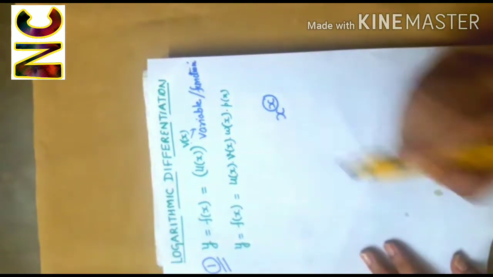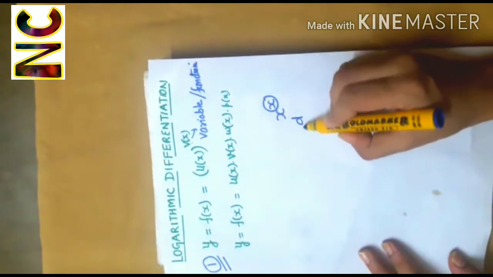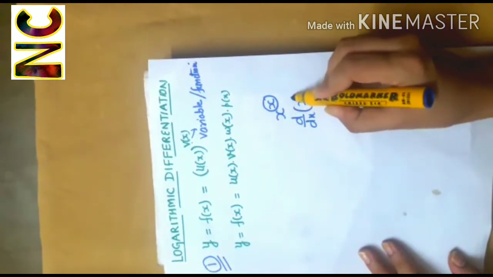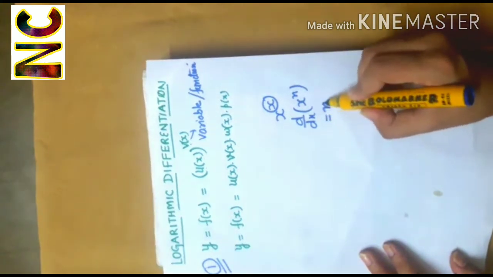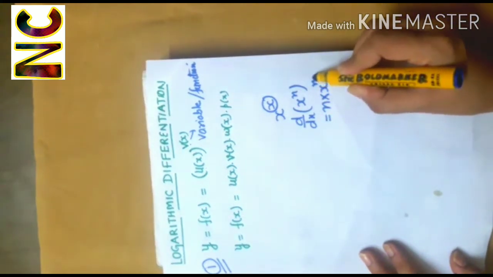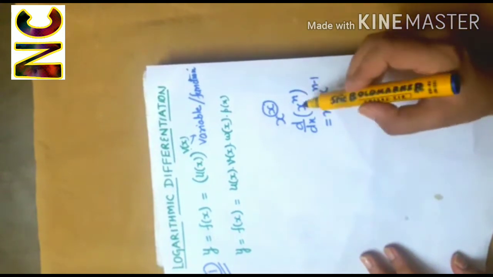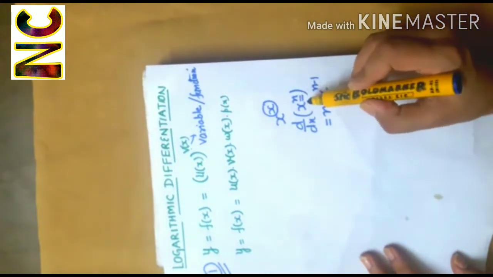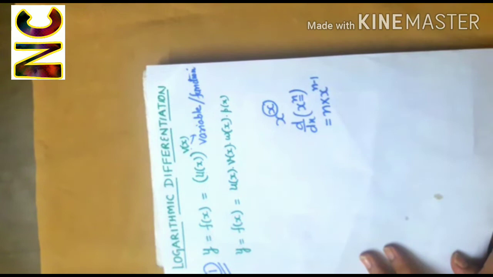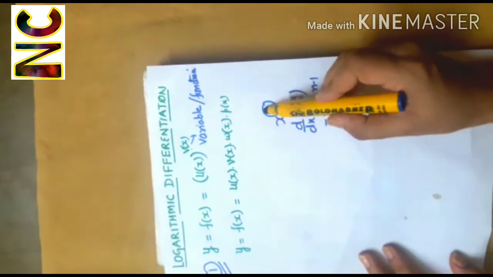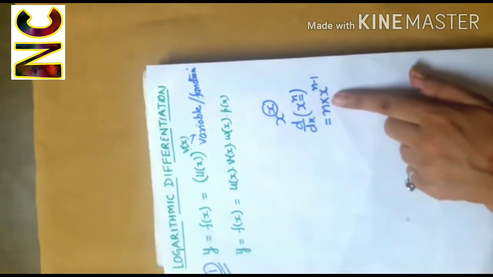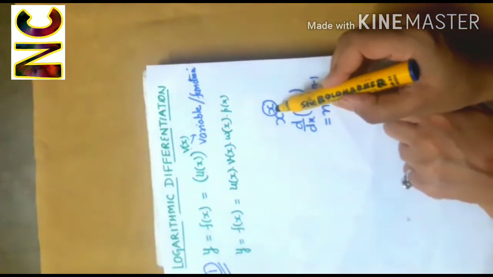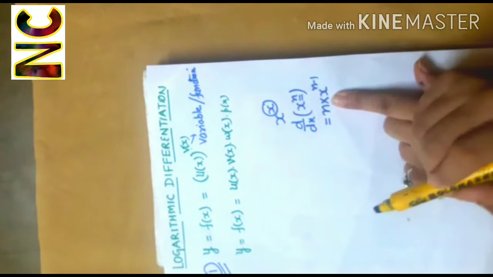Please note that you had learned that the derivative of x raised to the power n is n into x raised to the power n minus 1. Here n was a constant number. So if I have to differentiate x raised to the power x, I cannot use this formula because here the power is a variable.